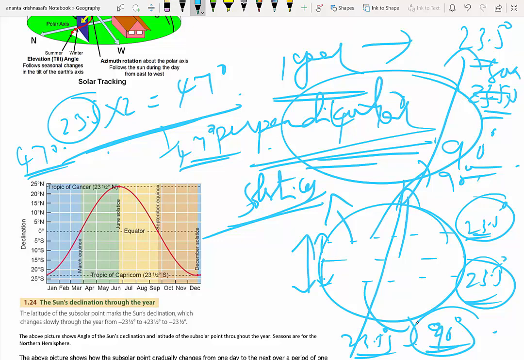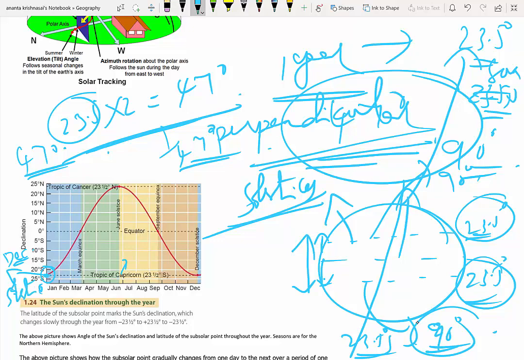And in this picture, the subsolar point at the start of the study is at the Tropic of Capricorn, which we call the 23.5 south parallel. On this day, we know that the sun is overhead here, and that means this is the December solstice.